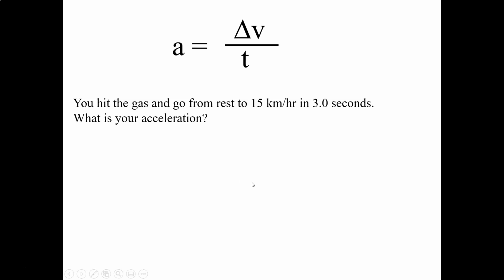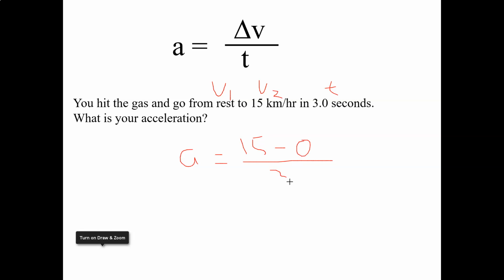Okay, so let's work a quick problem here. We hit the gas and go from rest to 15 kilometers per hour in 3 seconds. What's my acceleration? So my V1 is 0, my V2 is 15 kilometers per hour, and my time is 3 seconds. So what's your acceleration? Well, acceleration equals V2, which is 15 kilometers per hour, minus 0, over 3.